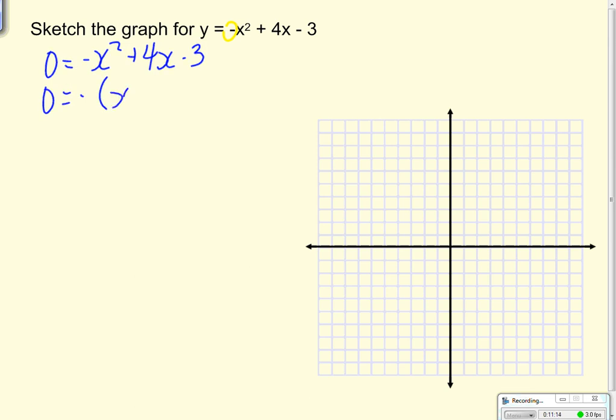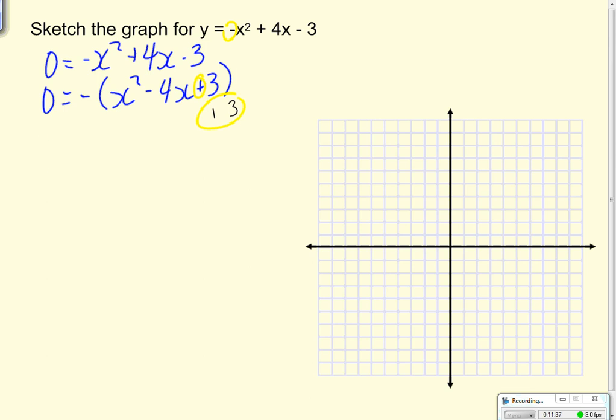So I've got x squared minus 4x plus 3, because when you factorize out a negative sign, it changes the other signs. I can now say my factors of 3 are 1 and 3, and because I am adding this, I can add those to make a 4, so that worked out really well.